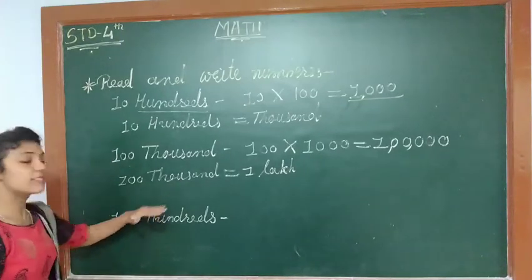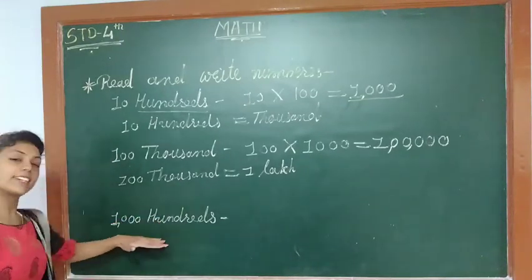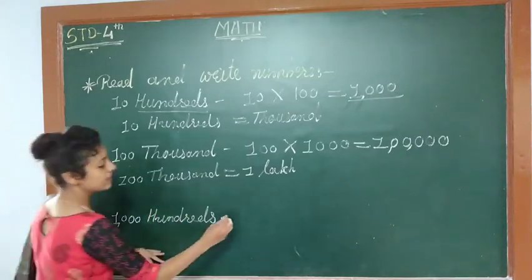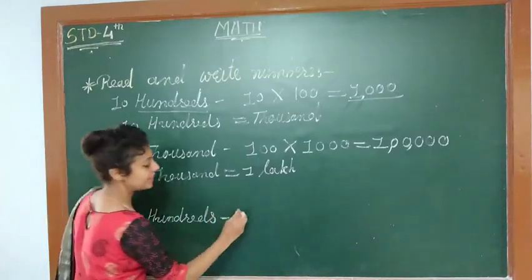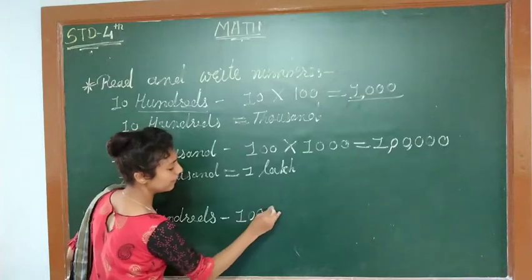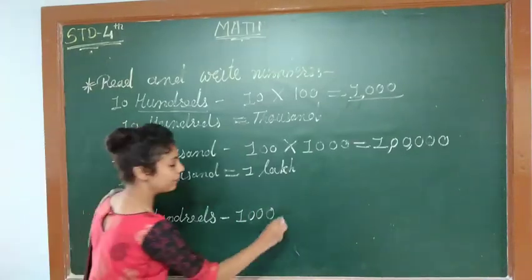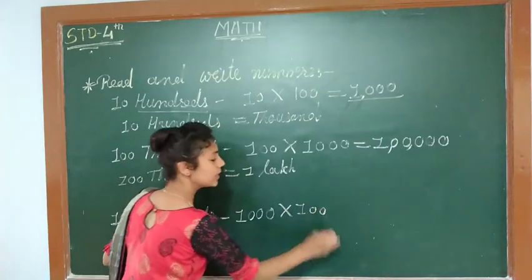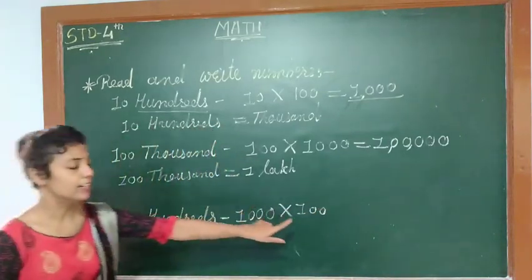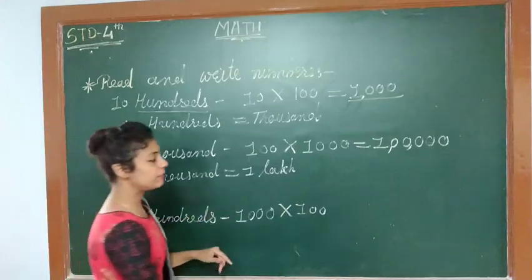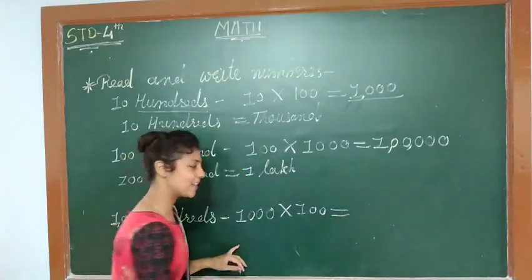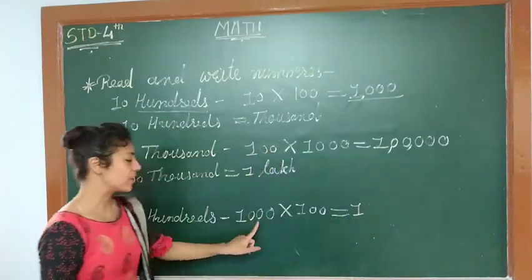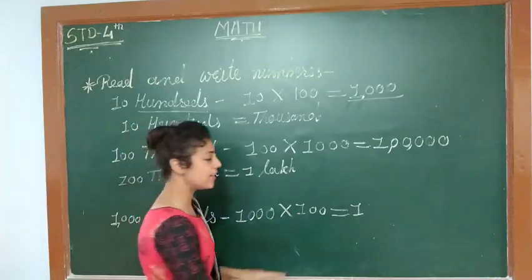Same, 1000 hundreds. 1000 hundreds means what? Let's write. First we will write 1000, then multiply by hundreds. Then we will write in figure 1000 hundreds. So now we will multiply. 1 ones are 1 and we'll add zeros. 1, 2, 3, 4 and 5.